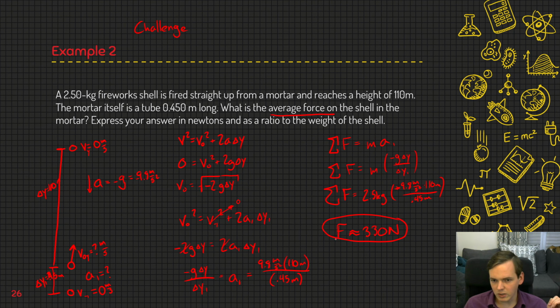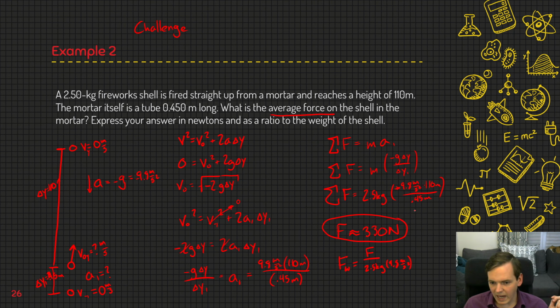And then as a ratio to the weight of the shell, well, we're just going to need to divide by the weight, which is 2.5 kilograms times 9.8 meters per second squared.